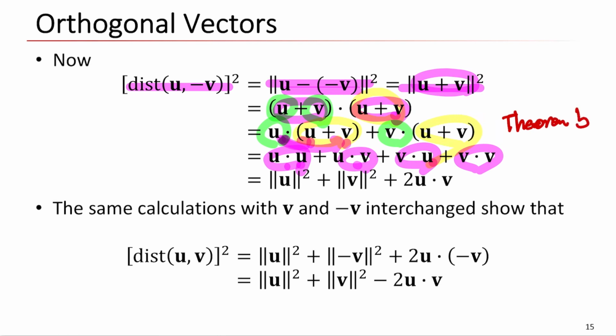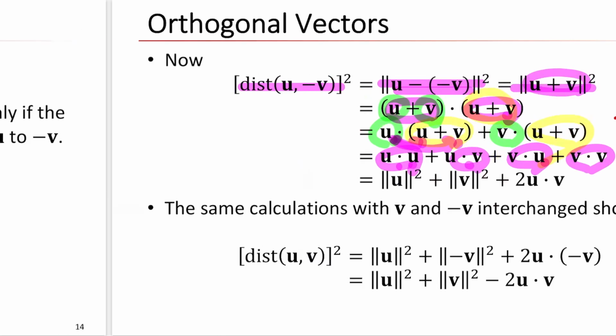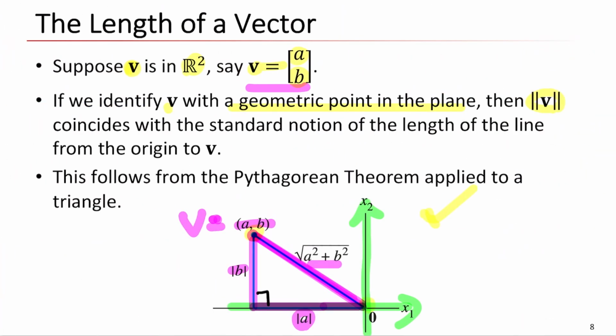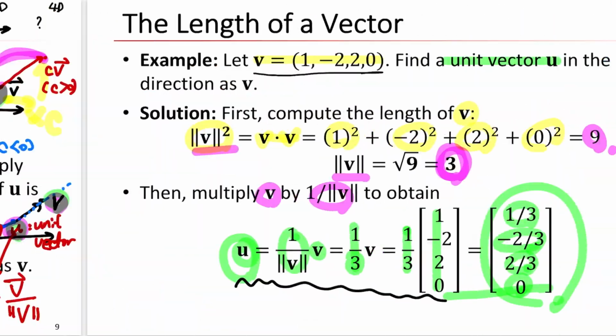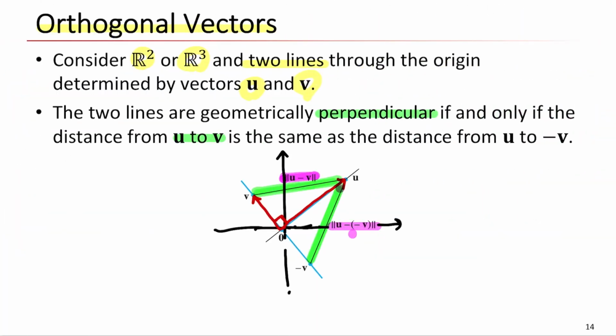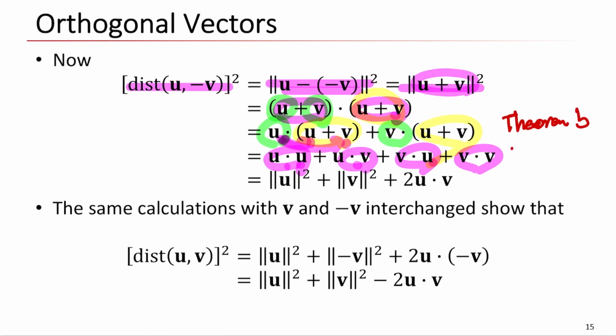Theorem P, right? Then how can we do that? From theorem A and B, we can compute this one, right? Then what is this?